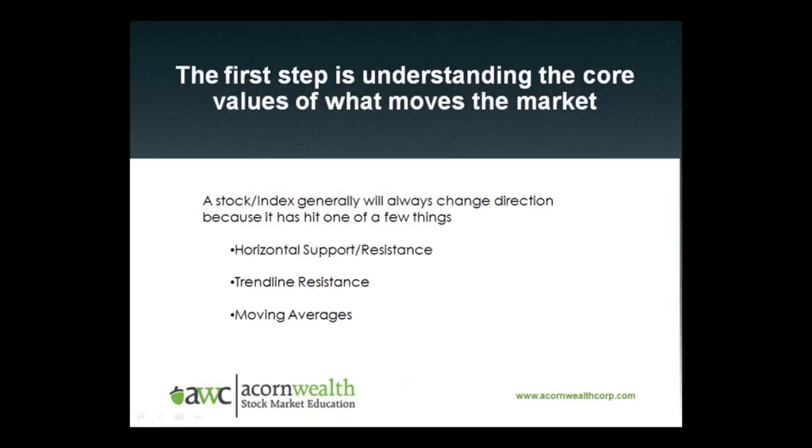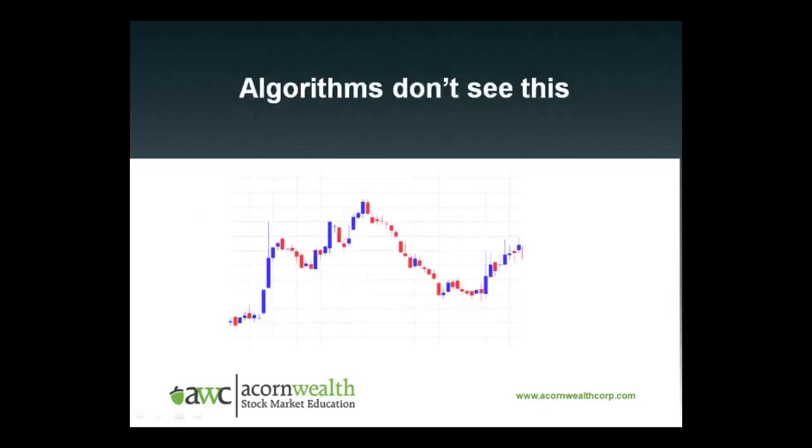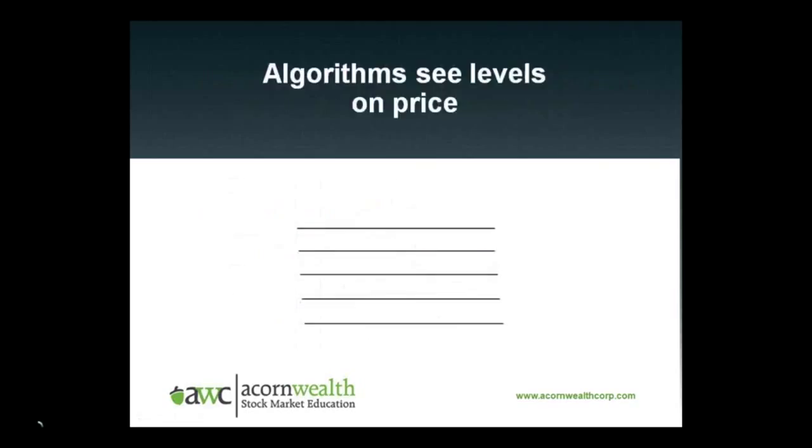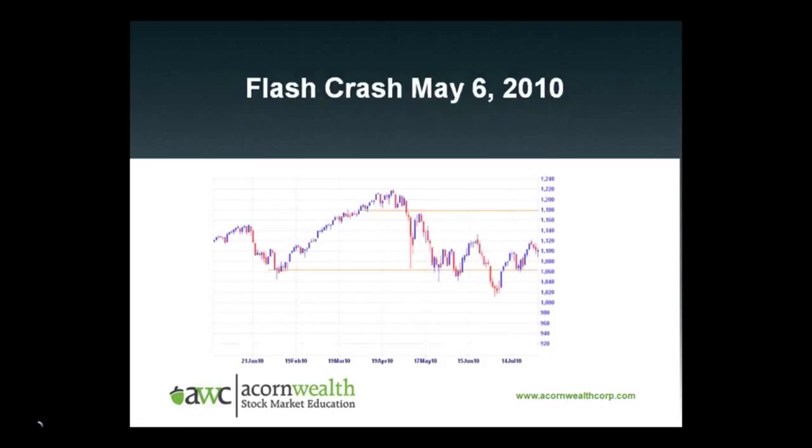You're looking for which of these three things are being respected, draw it on, and if you've drawn the lines on properly, you'll be left with a shape: a triangle, a diamond, a piece of pizza pointing upwards, whatever. Depending on the shape, that tells you how to trade it. Algorithms don't see this, they see this. Same with a flash crash.